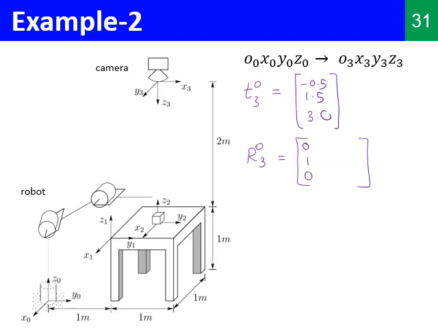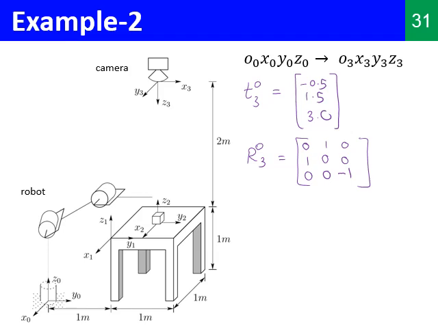Okay, next we check the y-axis, so it points towards x-axis in frame 0. Therefore the second column would be 1, 0, 0. Okay, and finally the z-axis, so it points towards negative z-axis in frame 0. So we can write 0, 0, minus 1, and that is our rotation matrix.